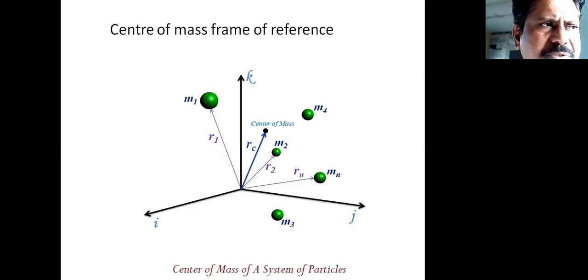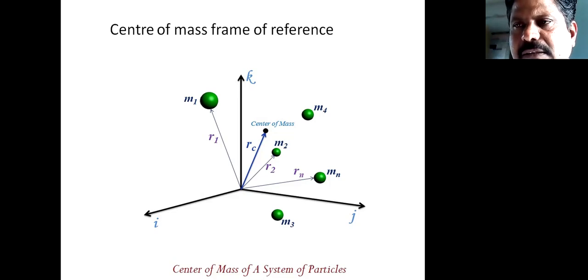For that purpose, we consider one point where the entire mass is concentrated. That point we call the center of mass. The point at which the entire mass of a system of particles is concentrated is called the center of mass.